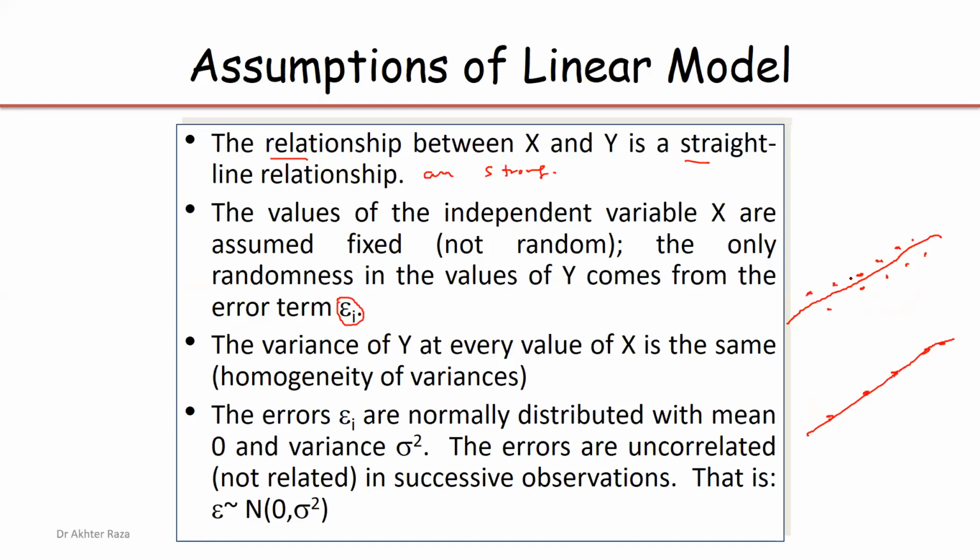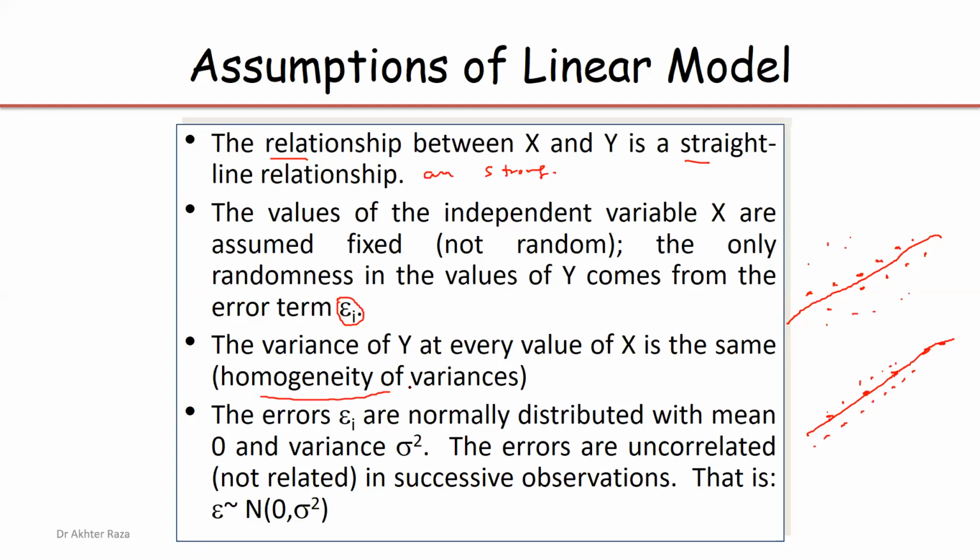If the points are moving up and down from the line, there are high distances and a high amount of error. If points are close to the line, we call it a small amount of error.